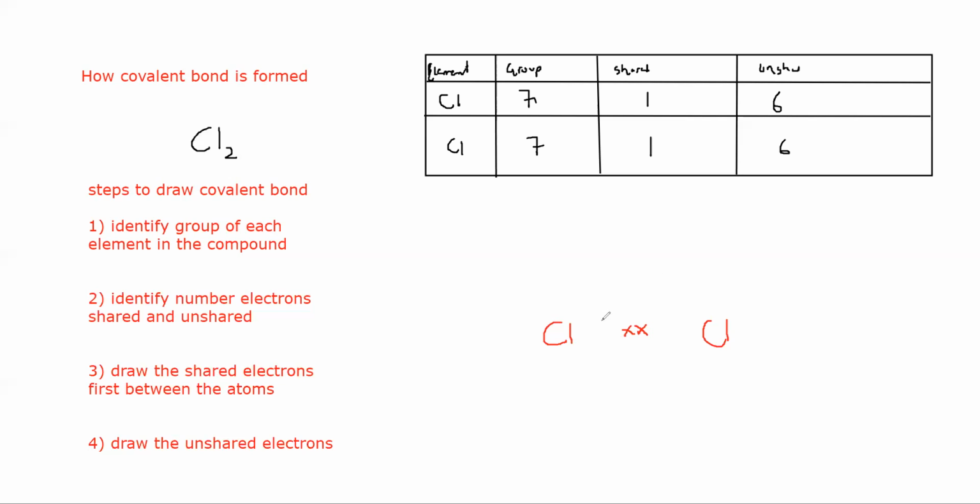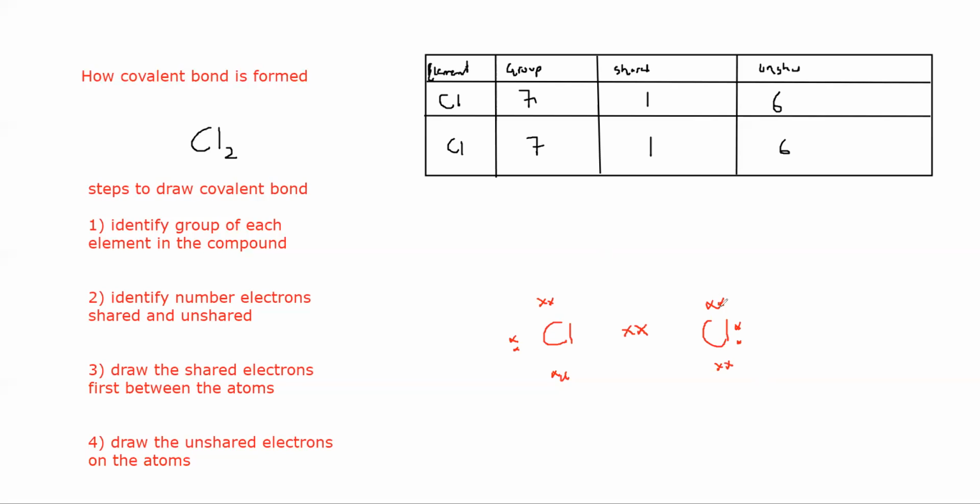The shared electrons you will draw between the atoms, and draw the unshared electrons on the atoms. So how many unshared are there? 6 unshared are there. 1, 2, 3, 4, 5, 6. Same thing, 1, 2, 3, 4, 5, 6.